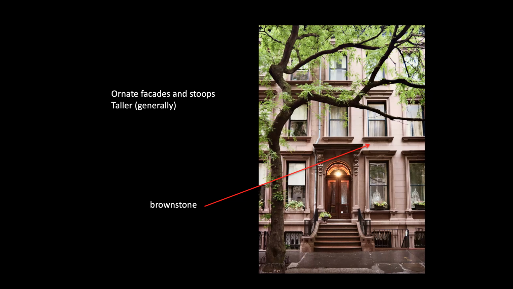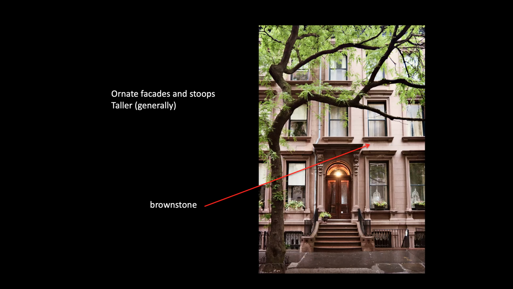So going from the Federal to the Greek Revival to the Gothic Revival and now to the Italianate, one thing that happens is that they just get much more ornate. Brownstone, as I mentioned in the first part of our lecture, was plentiful. There were quarries in Connecticut, central part of Connecticut especially, and in New Jersey.